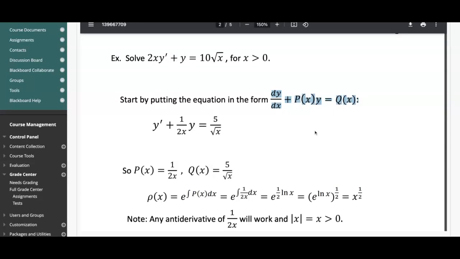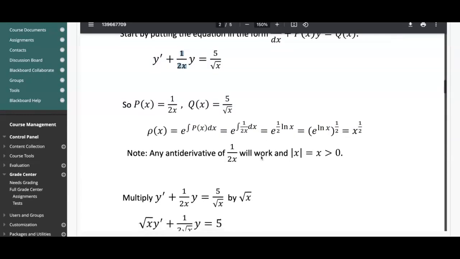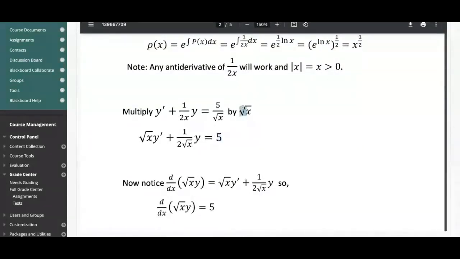Then we identify P of x. So this 1 over 2x is our P of x. Then this 5, just by calculation, when we multiply the integrating factor on both sides, the left-hand side becomes such, and the right-hand side becomes only 5.